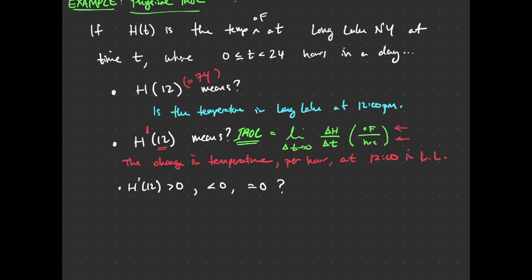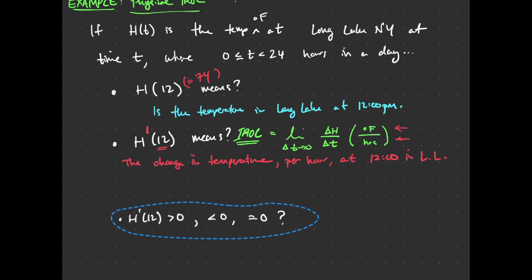Now, that's okay. It's more of a way to illustrate it here to you as a teacher to student, but what's really happening in terms of a conversational way to interpret this. We typically don't say the change in temperature per hour at 12.